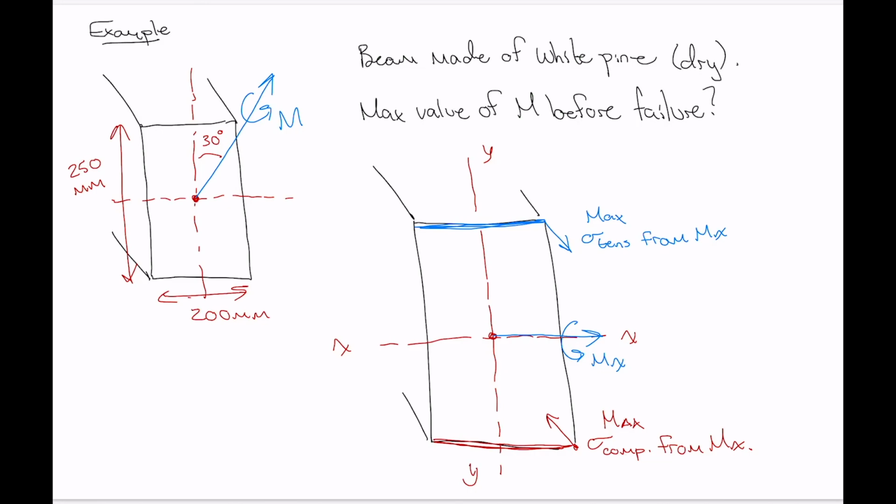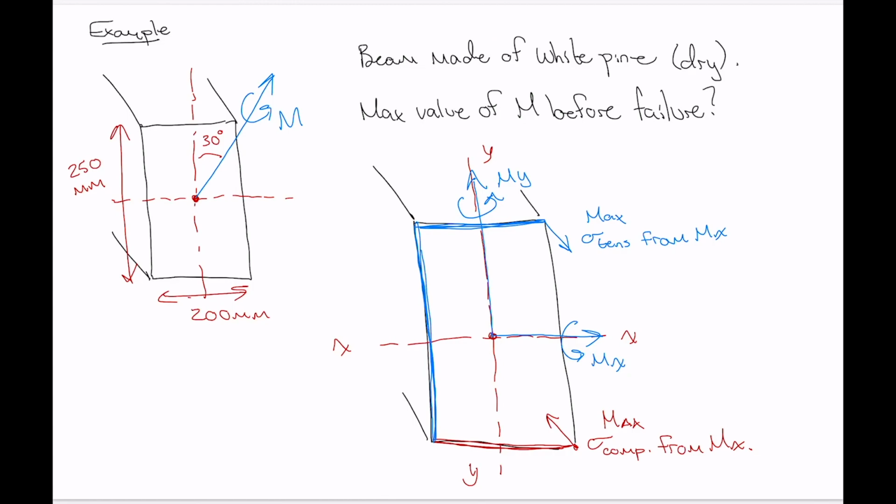And now let's look at the contribution from My. So the y component of that moment. So we've got My acting around that way. So for My, the maximum tensile stress is going to be along this left-hand edge.